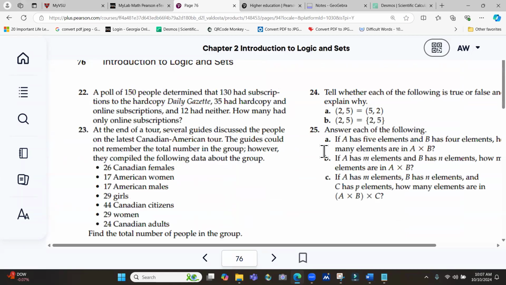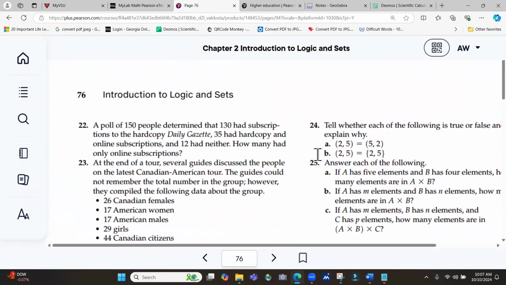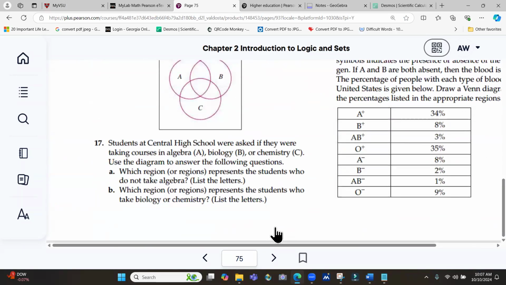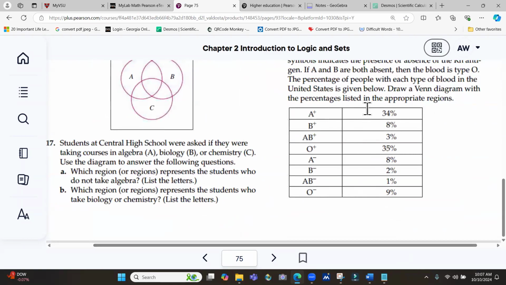What else do they give? Okay, the text is actually here. I missed it. Draw a Venn diagram with the percentages listed in appropriate regions.